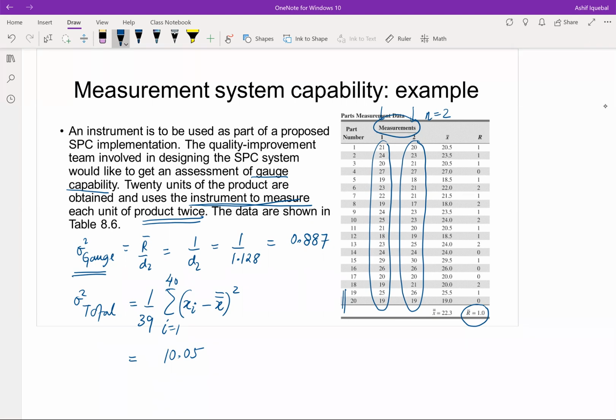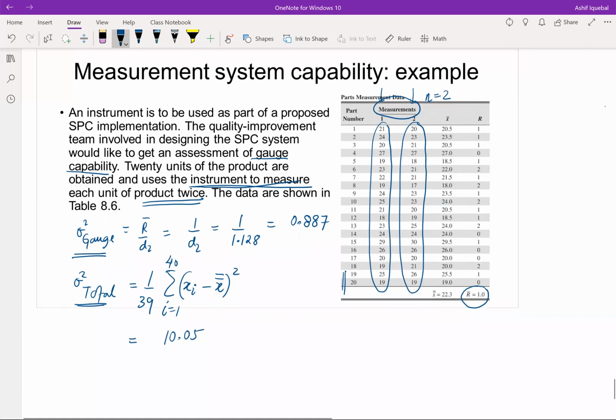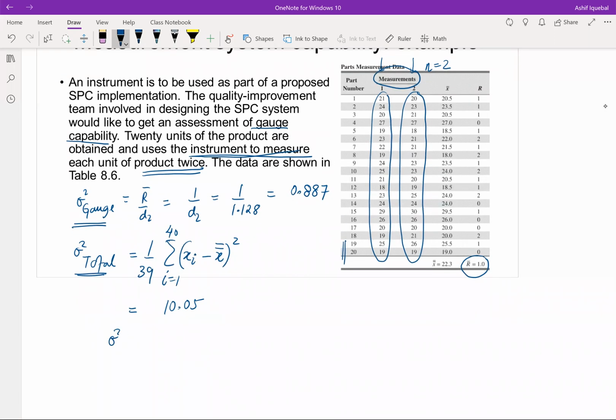So now you can actually compare the total variance with respect to the gauge variance. And you will notice that sigma square gauge is significantly smaller than sigma square total, right? So this is how you do gauge capability analysis. You always want to make sure that sigma square gauge is as low as possible.